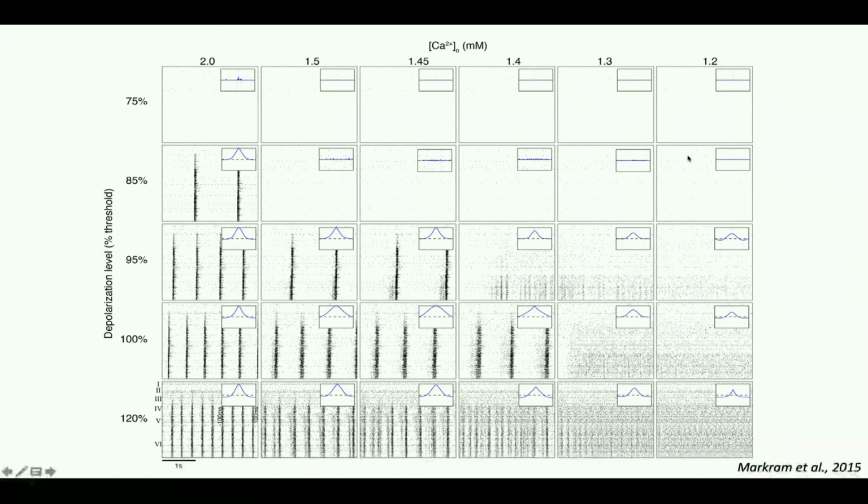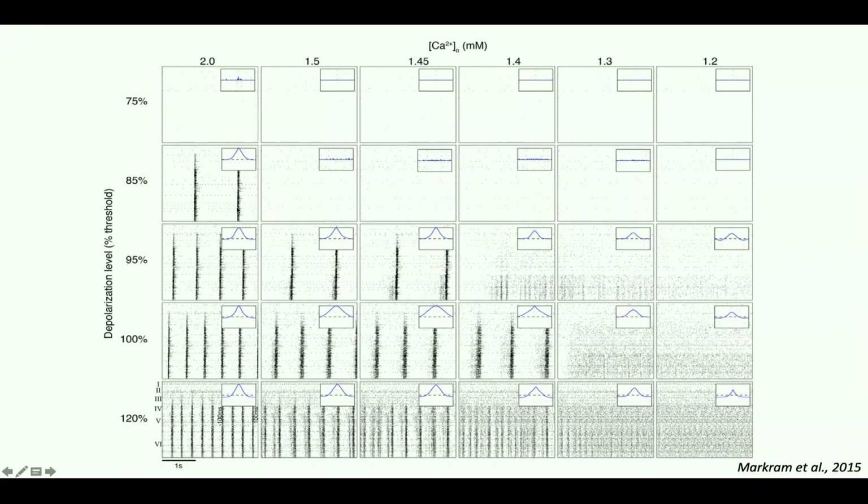On the x-axis, we scan the calcium level, from 2.0 millimolar, a normal in vitro-like calcium condition, to 1.2 millimolar, more in vivo-like. You can imagine that the more you move towards high calcium, the bigger the activity is expected to be, because it increases synapse release.